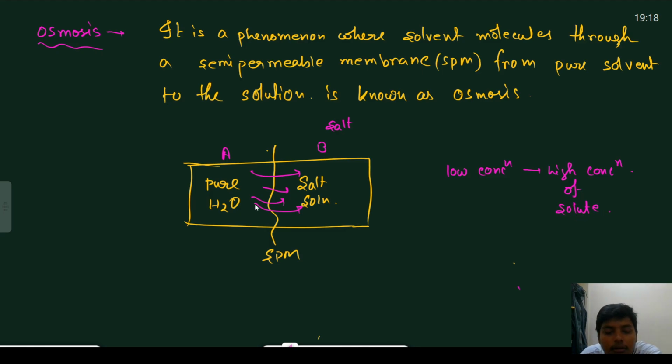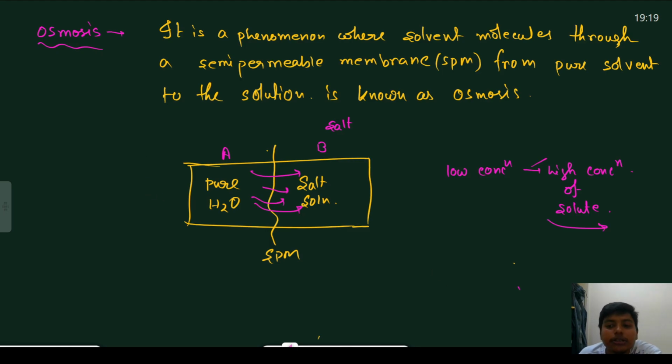B, sir. B is a solution, there are more solute particles than in A, which is pure water. So where the concentration of solute is high, the solvent will go to that side. Clear?